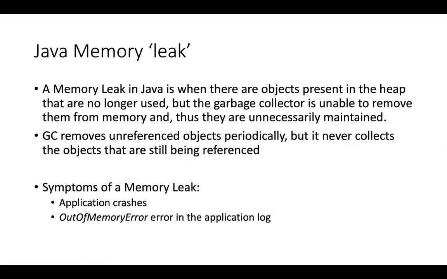No. So what's a memory leak in Java? Well, what they call a leak, which is not really a leak like we used to think of leaks, is when you have objects that are still being referenced, but they're no longer really in use. A good example of this would be connections that have gone away.